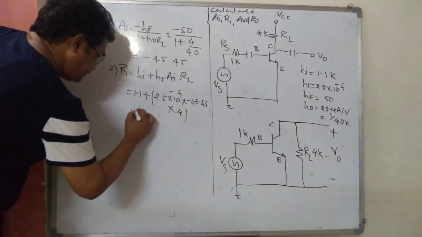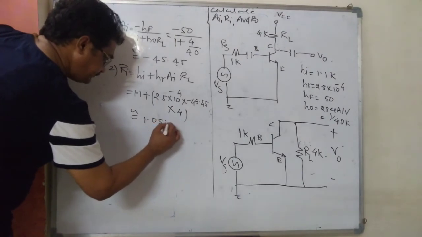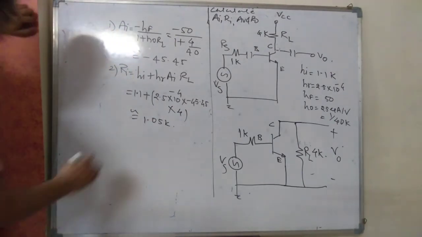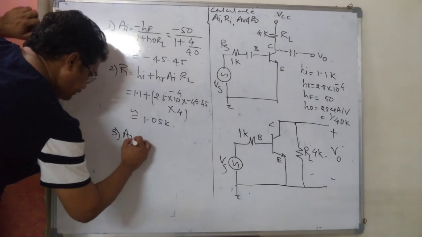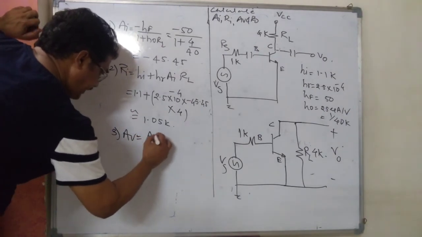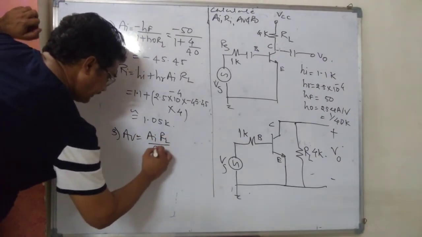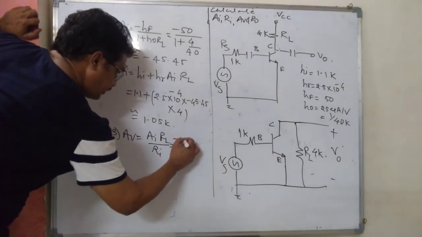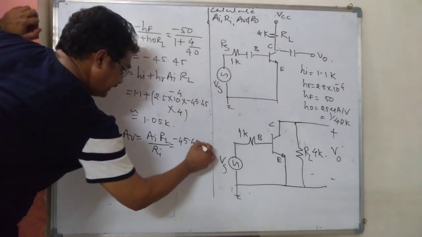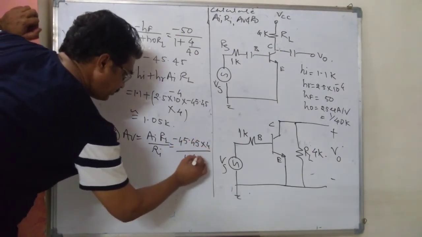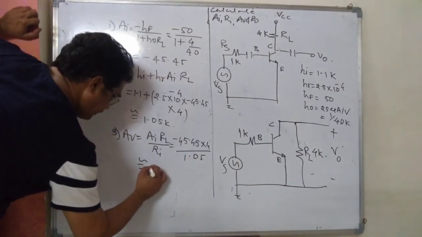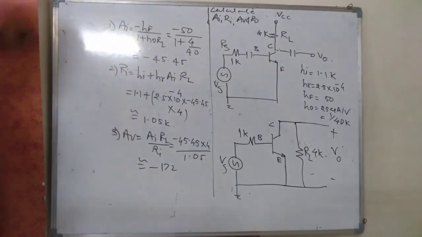So if you calculate this, this will be approximately 1.05. Third, AV is equal to AI into RL upon RI. AI is minus 45.45, RL is 4, upon RI is 1.05. So if you calculate this, approximately minus 170.